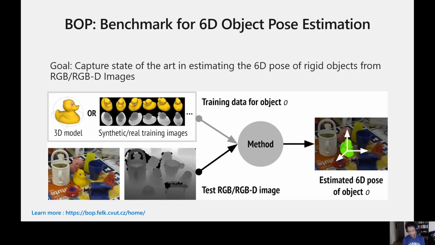So what is BOP? BOP is essentially a benchmarking schematic for basically standardizing how we approach specific data sets and evaluations for 6D object pose estimation. And essentially, BOP provides a unified set of data sets and also provides an online platform which facilitates how the benchmarking challenge is hosted, it's an online evaluation system.